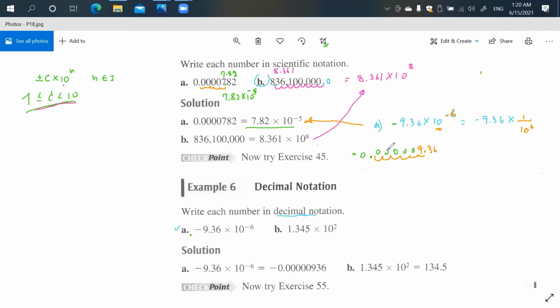So that means we have how many 0? 1, 2, 3, 4, 5, and then 9, right? After you move the decimal point, the final one has to be negative 0 point, how many 0? 1, 2, 3, 4, 5, and then 9, 3, 6. So actually this one has to be times 10 power 6.